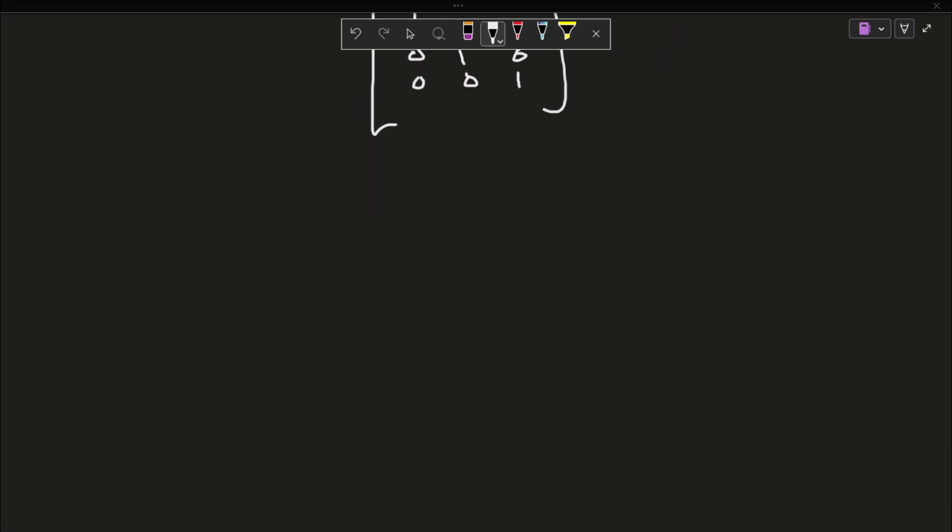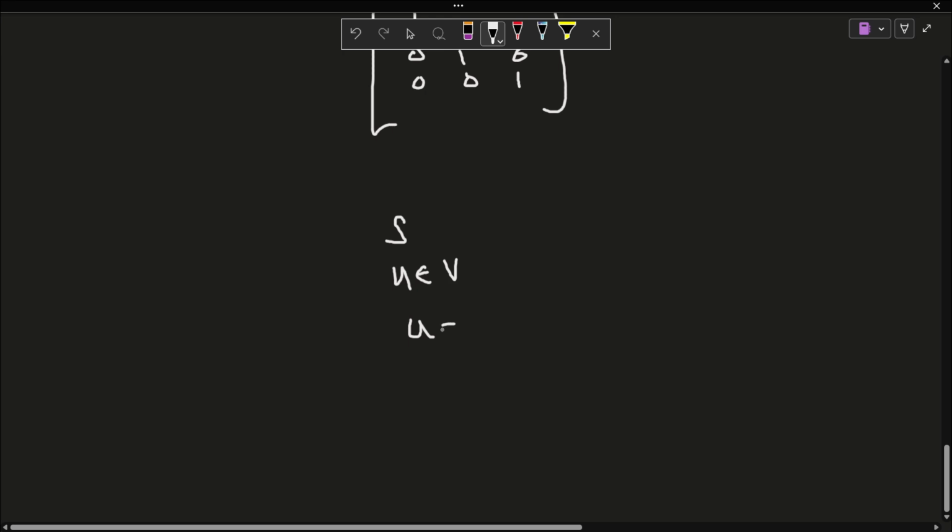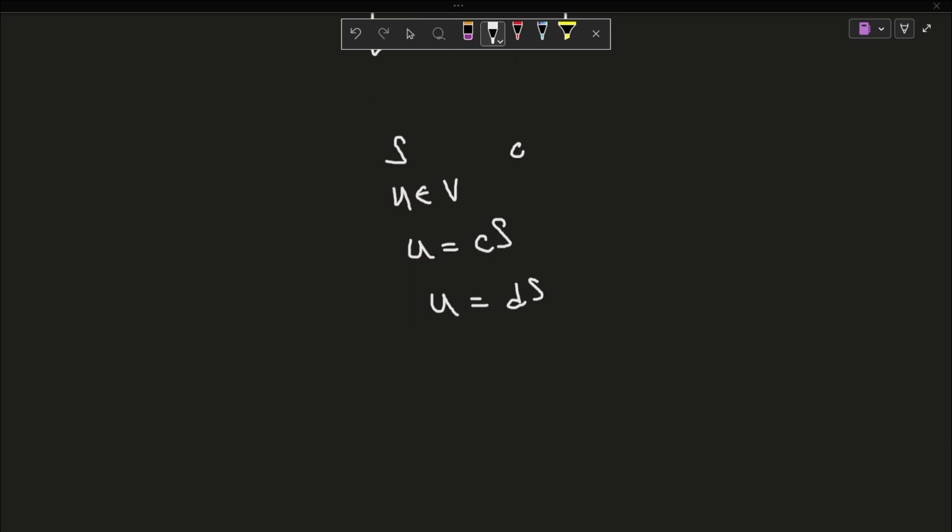If you have a basis S, and then you have another vector U which belongs to V, and U can be expressed as some combination of S. So let's say C's. C is a set of coefficients. And then you're also going to have D's. So U is also going to equal D times S, so a set of coefficients.